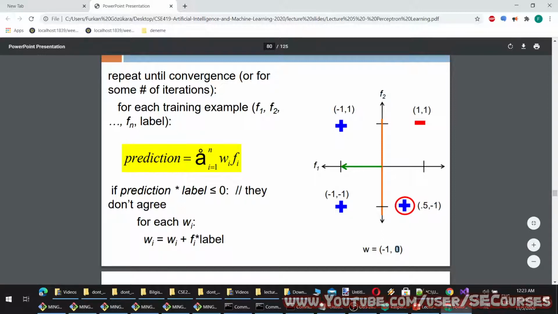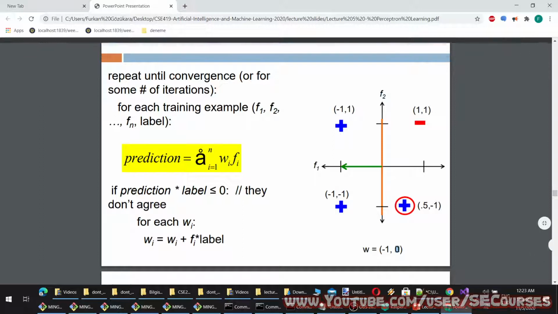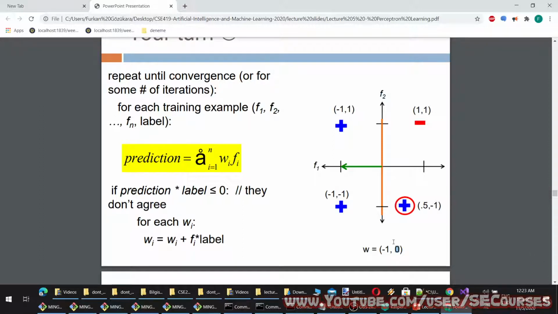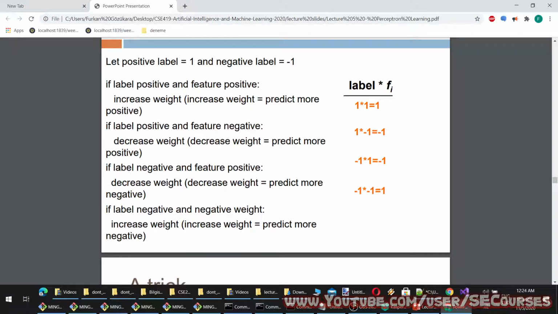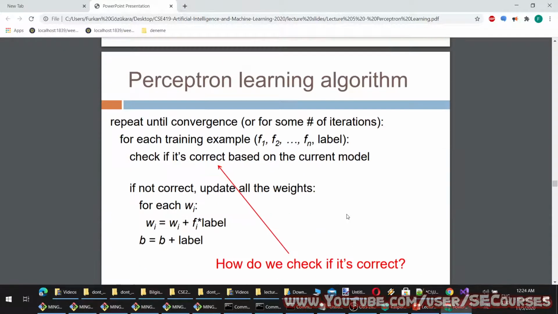So we increased this one. Since F2 is negative, we decrease this one because it could have contributed positive, and the label is negative. Let me show you. Label is negative and the feature could have contributed positive, so we decrease the weight. In this case, you can see.